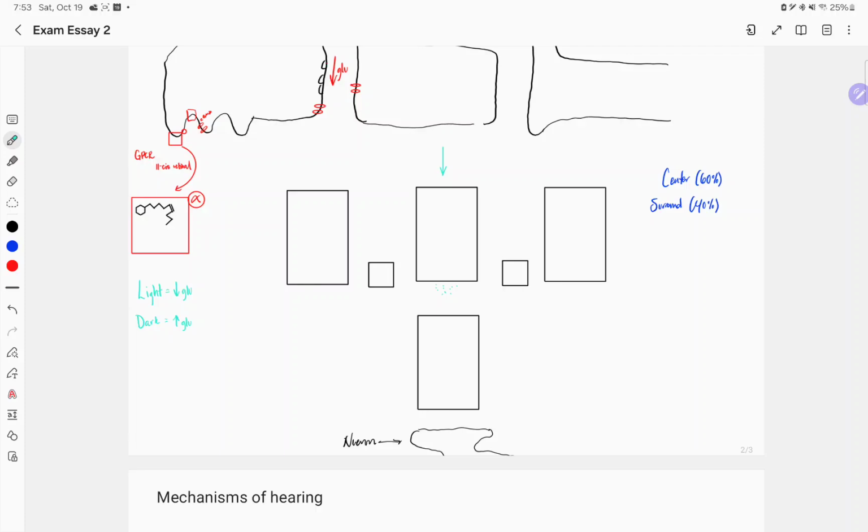However, if you have on-center, that means that your surround rods and cones are off. So on-center, off-surround, or you could have off-center, on-surround.